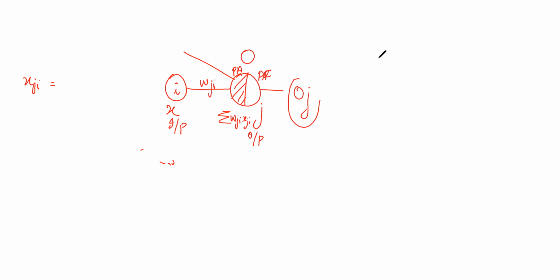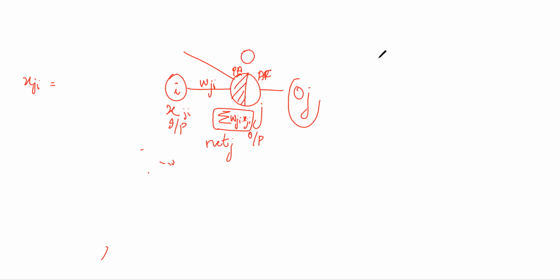I hope you get to know that it is the input that is being passed from the ith neuron to the jth neuron. So I write it as xji. Okay, and the weights are again from the ith neuron to the jth, we write it as wji. Okay, so these are the values. Now what I'm going to write here is, I don't want to represent this summation every time. Okay, so I will represent this summation as net j.